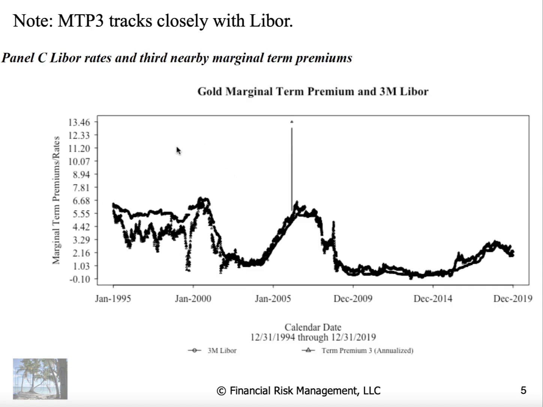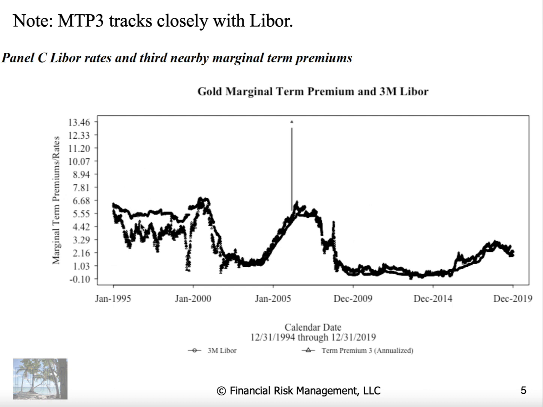However, if I look at the marginal term premiums with gold, a couple of things to observe. One is that it's not unusual to have outlier data points, and so when you're working with empirical data, it's extremely important that you make sure your data is cleaned up. A second observation is that the 3-month LIBOR rate and the third marginal term premium track very close together, at least for the back part of this data set.